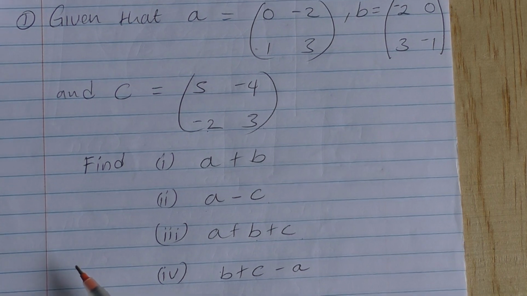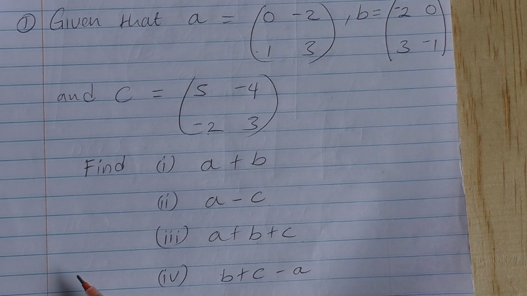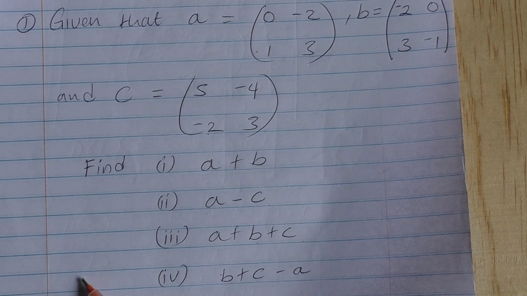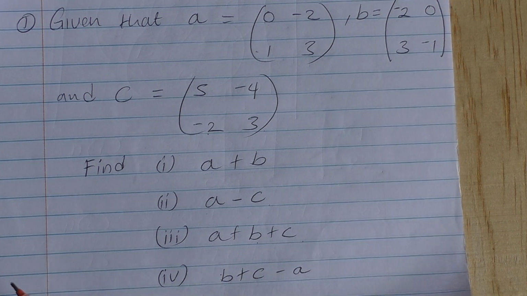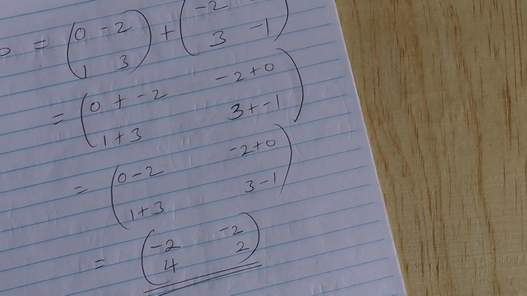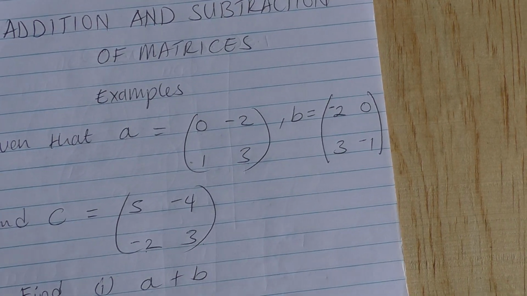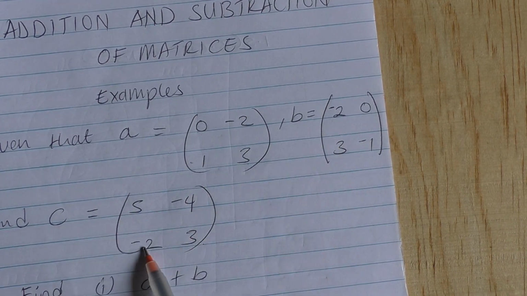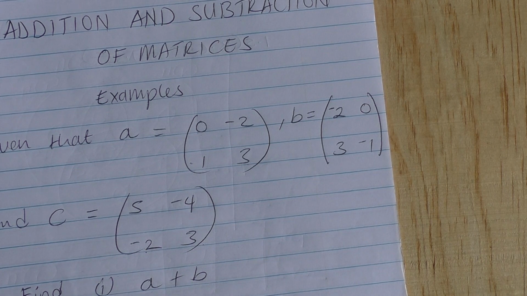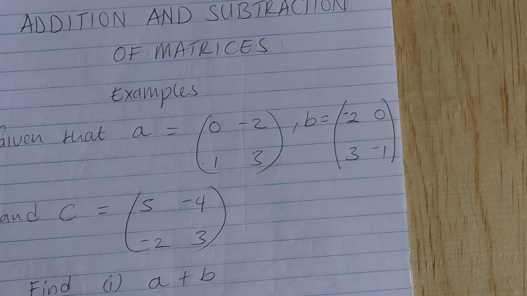So how are we finding the sum or difference of these matrices? If you look at all our matrices, A, B, and C, they are all 2 by 2 matrices.